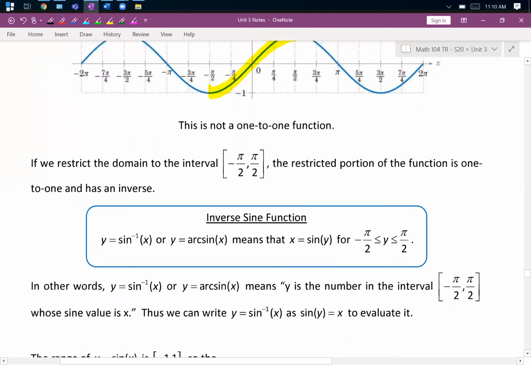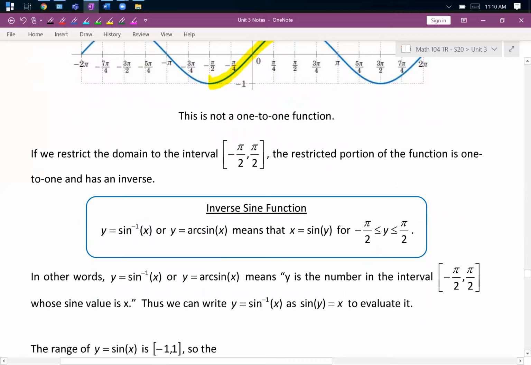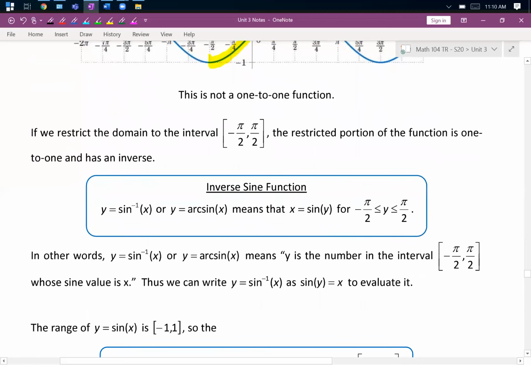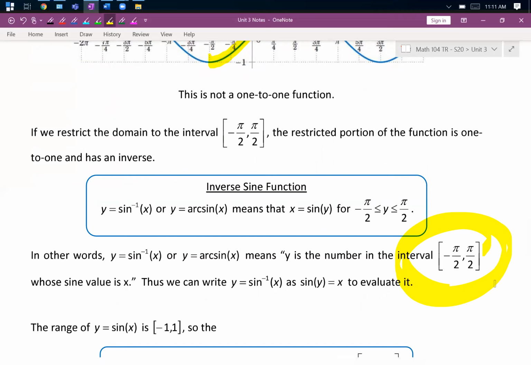So in other words, y equals sine inverse or y equals arc sine means y is the number, which is an angle, in the interval negative pi over 2 to pi over 2 whose sine value is x. So anytime we're finding an inverse trig function, we're finding an angle measure. And when we're looking by just pure definition of inverse sine, we only can give an answer between negative pi over 2 and pi over 2, because that's the one-to-one section of our graph.